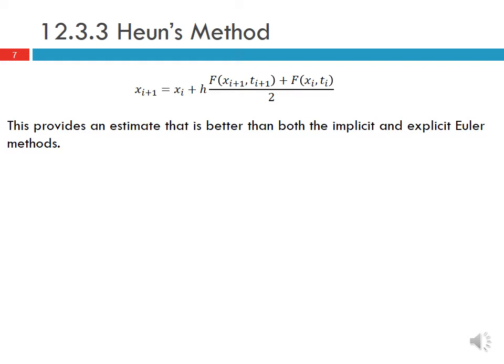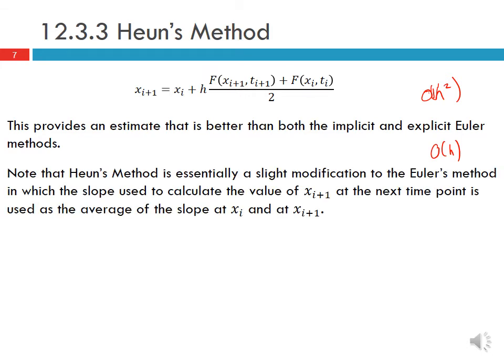This provides an estimate that is better than both the implicit and explicit Euler methods. Here it was order h squared, and if you recall, the implicit and explicit Euler methods were both order h. We can note that this method is essentially a slight modification of the Euler method, in which the slope used to calculate the value of x_{i+1} at the next time point is just the average of the slope at x_i and x_{i+1}.